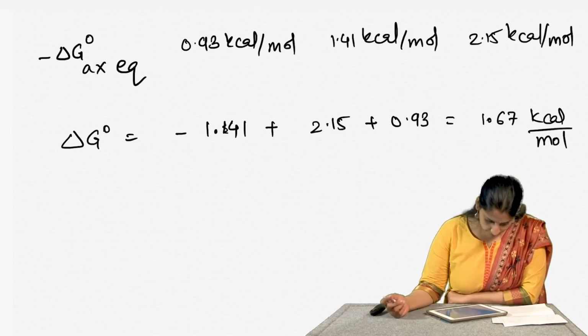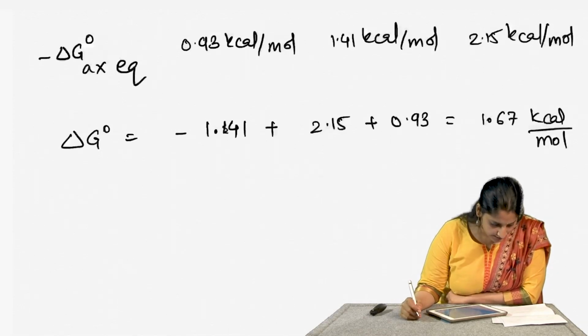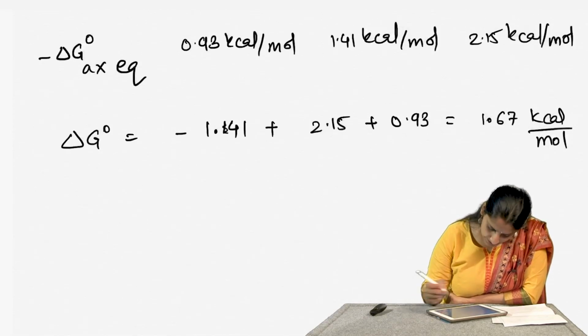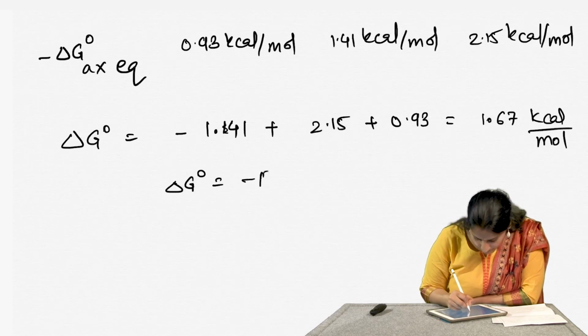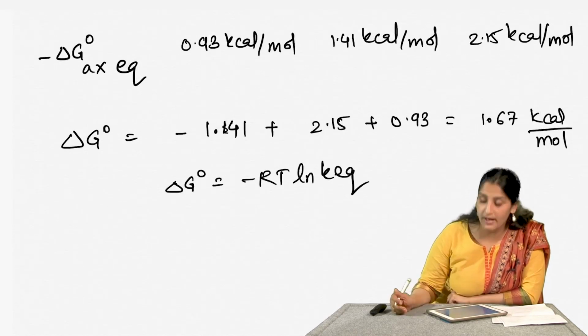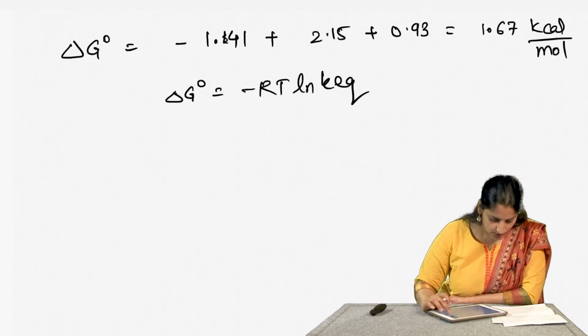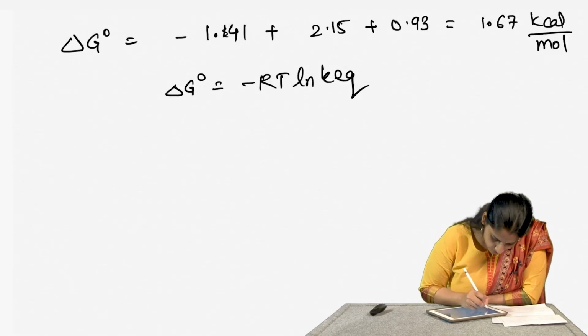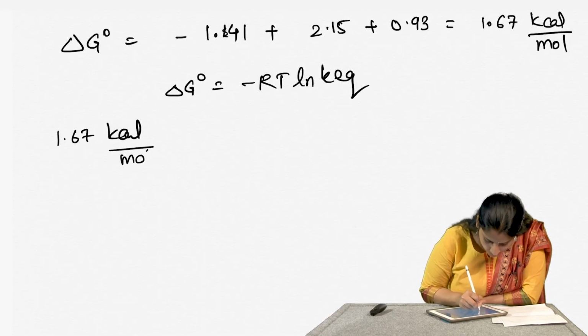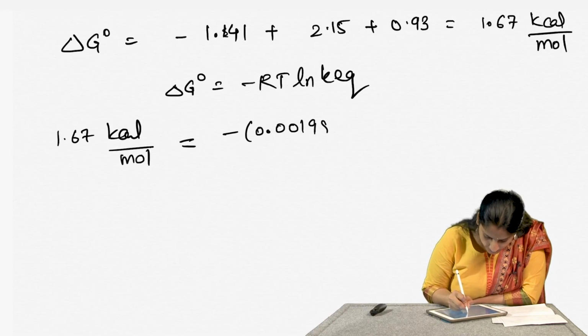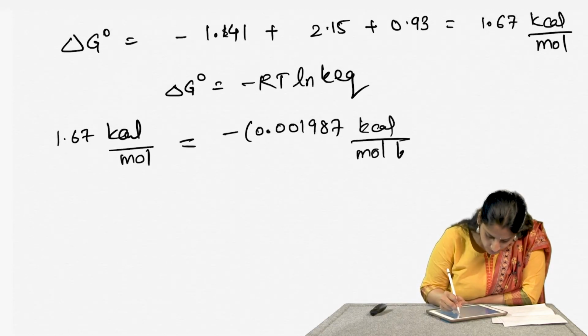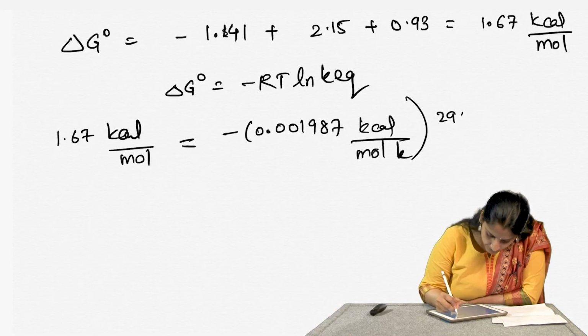Okay. Now, we apply the equation delta G 0 is equal to minus RT ln KEQ and figure out the value of K equilibrium. So, herein if I substitute all the values, 1.67 kilocalories per mole is equal to minus 0.001987 kilocalories per mole Kelvin into 298 Kelvin ln KEQ.